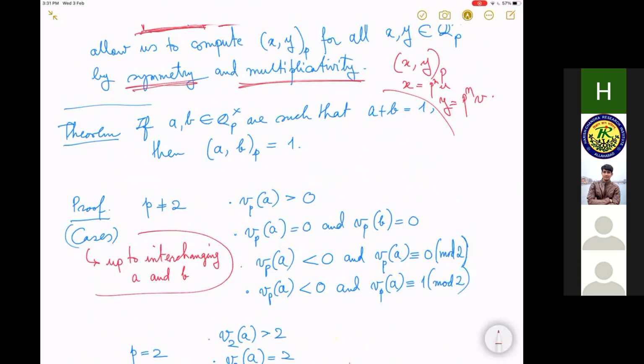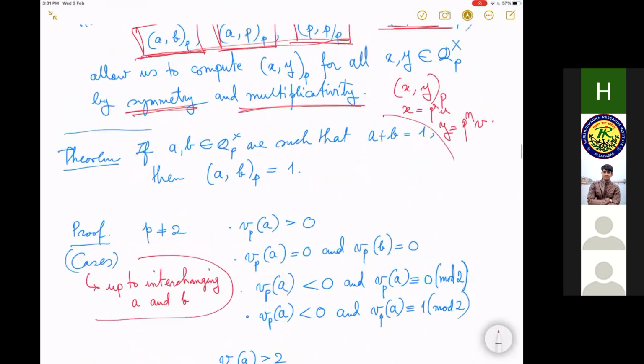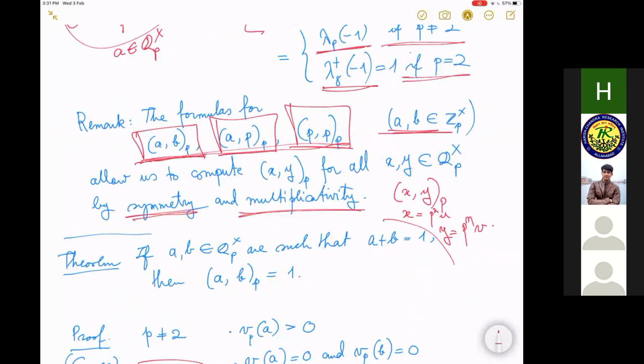The first is you write down that explicit formula. And the second method is to say what it is in these three special cases, and then to say that you get it in all possible cases by multiplicativity and symmetry. That's it.